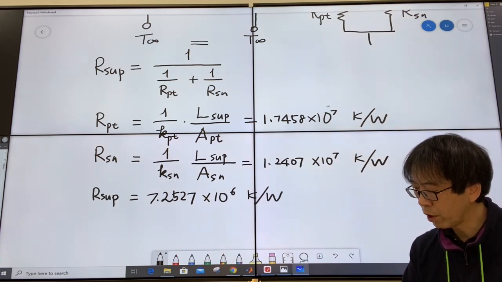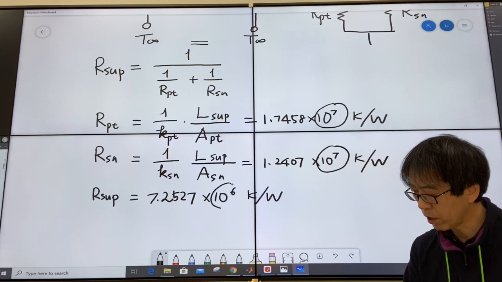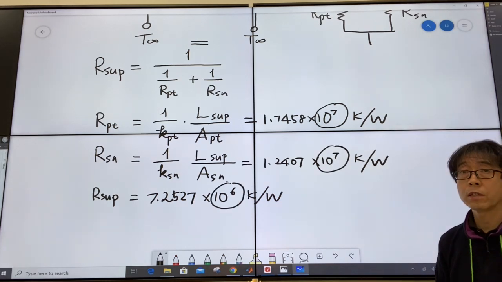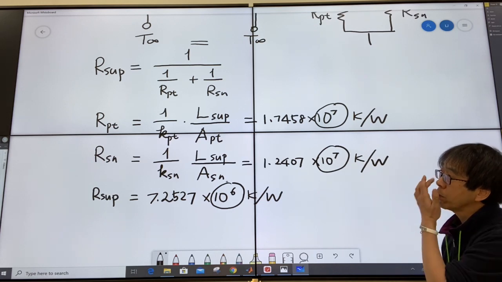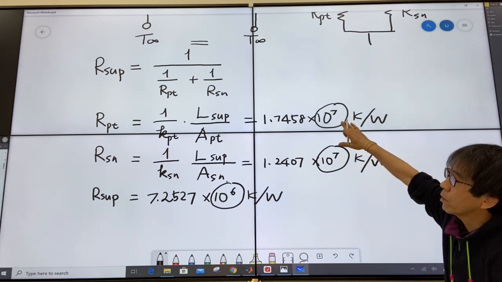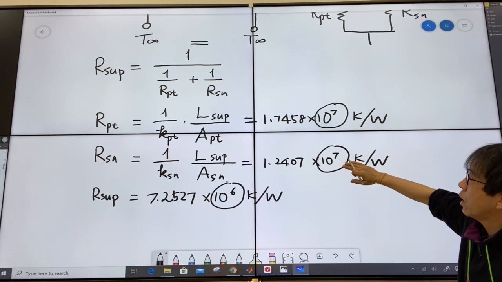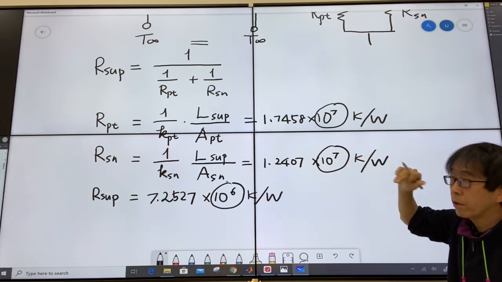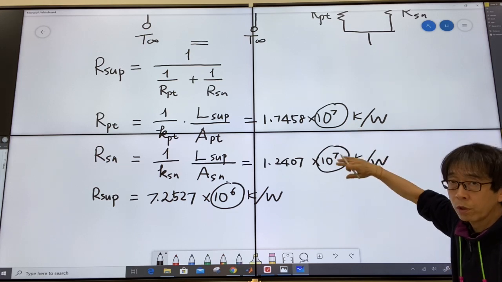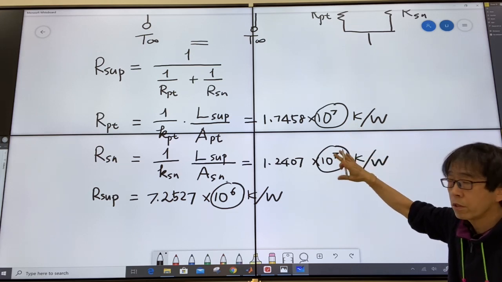Well, look at the order. This is 10 to 7, 10 to 7. This is 10 to 6. What kind of lessons can we learn? First of all, the thermal resistance of the platinum part and the thermal resistance of the silicon nitride part are comparable, which really means that you cannot ignore one or the other. You have to consider both.